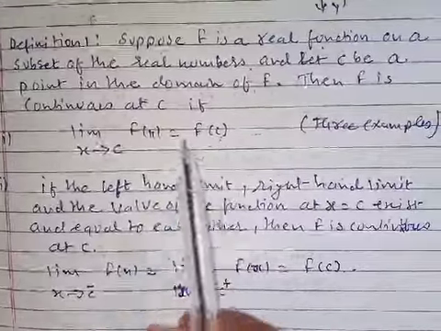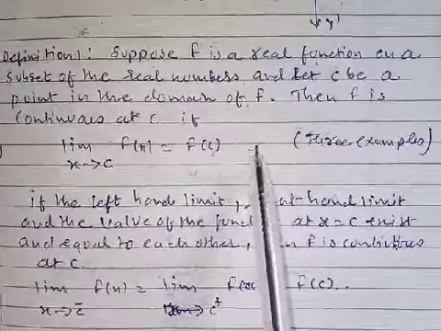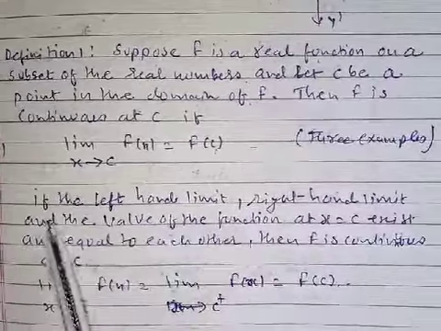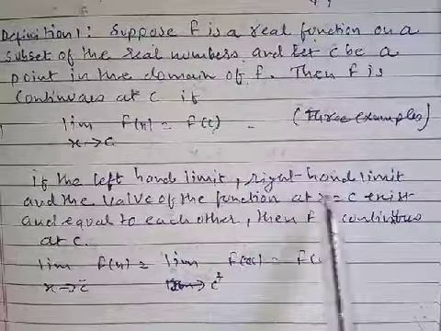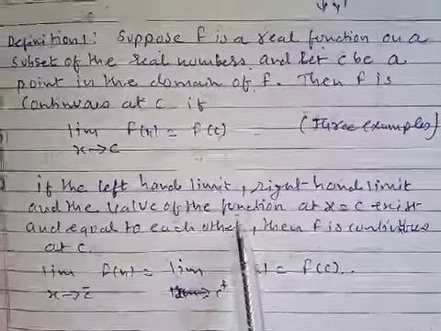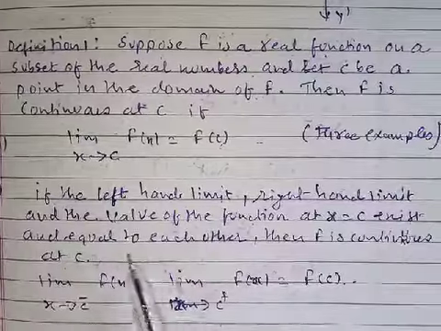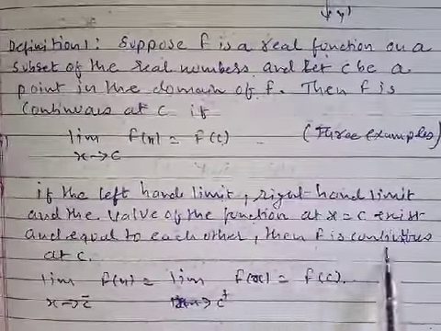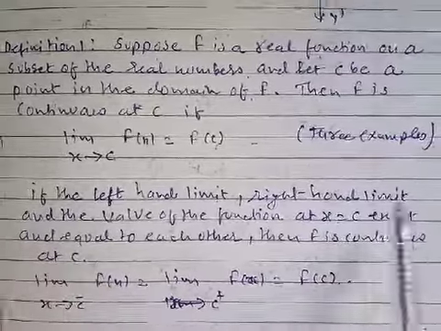Today we are going to solve the sums on the basis of this only. The second definition is that if the left hand limit, the right hand limit and the value of the function at x is equal to c exist and are equal to each other, then the function is continuous at c. This we are going to discuss afterwards.